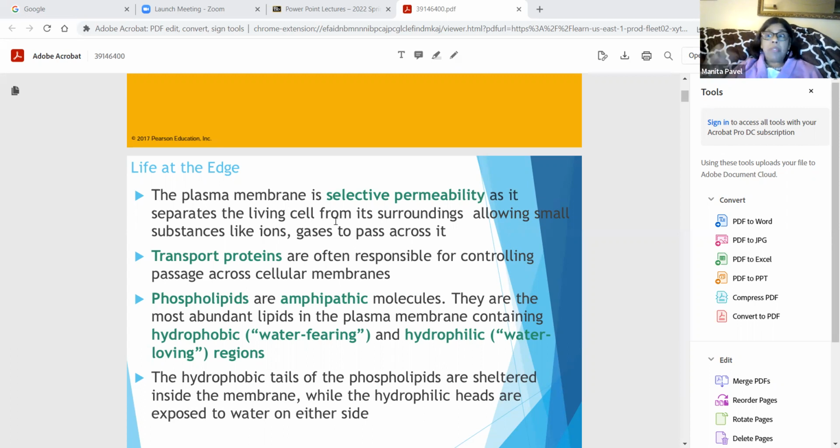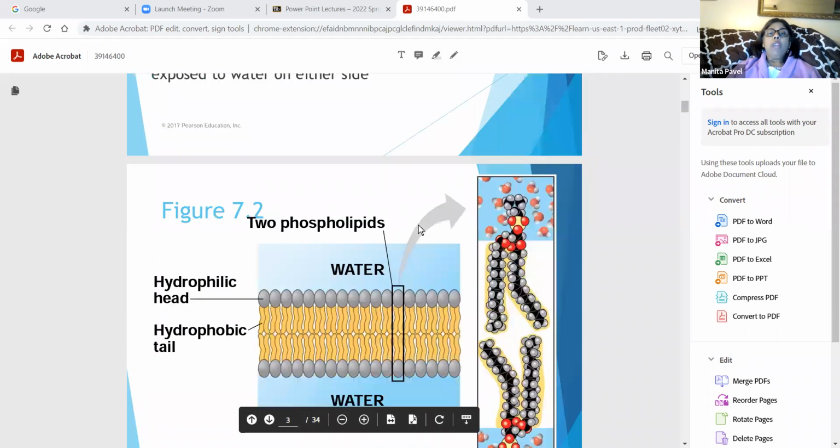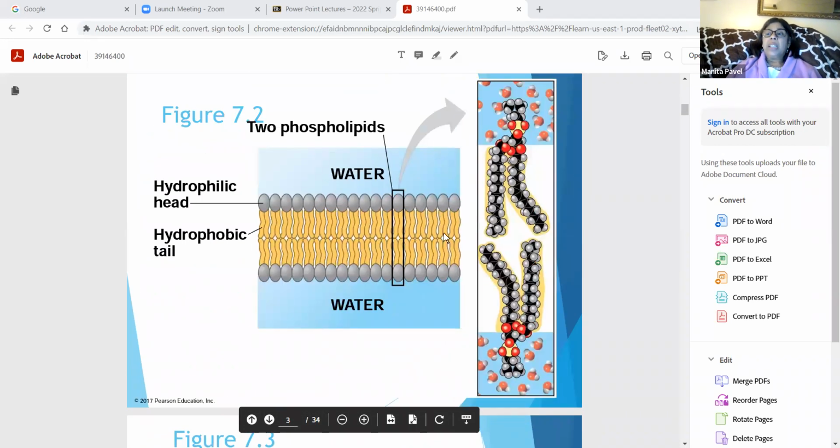Why? Because they are afraid of water, while the heads are facing outward towards the side of the water that surrounds our cell, because they love water. So we can see clearly in the slide, this is the lipid bilayer.